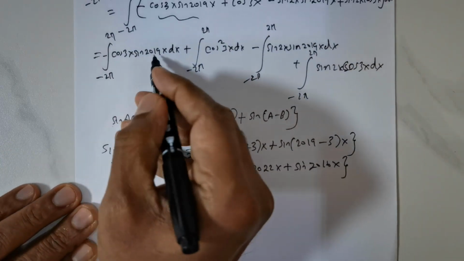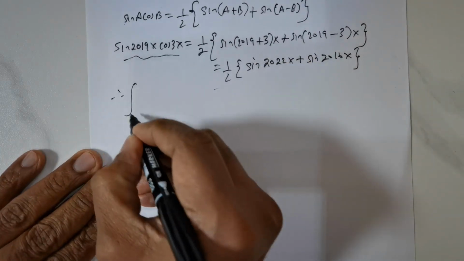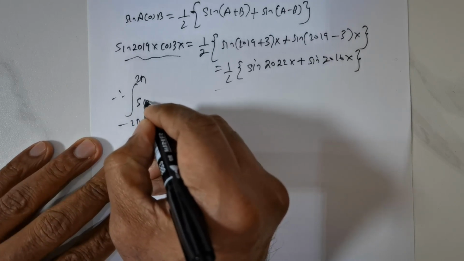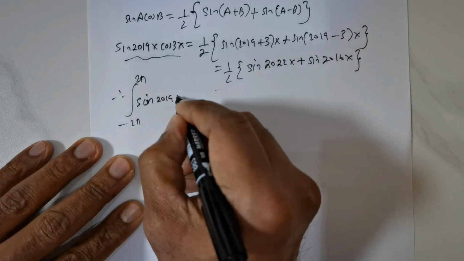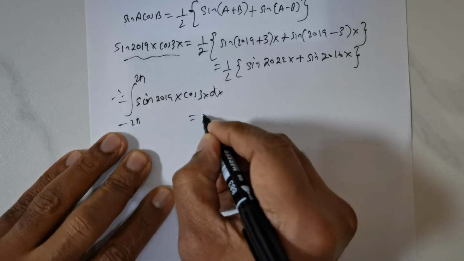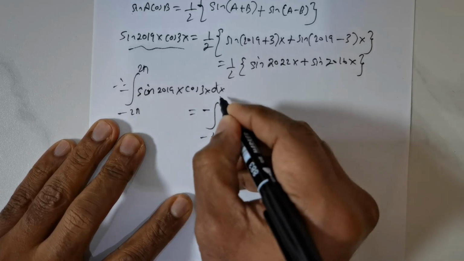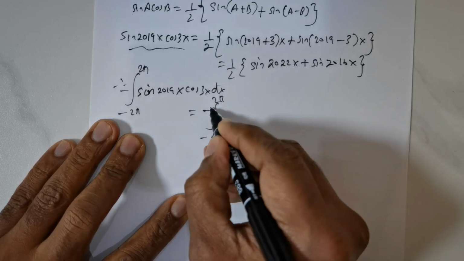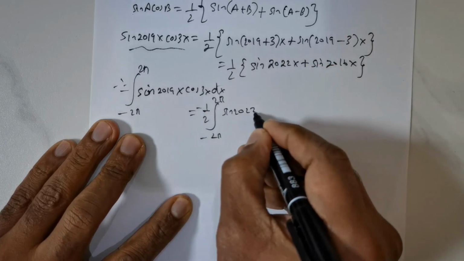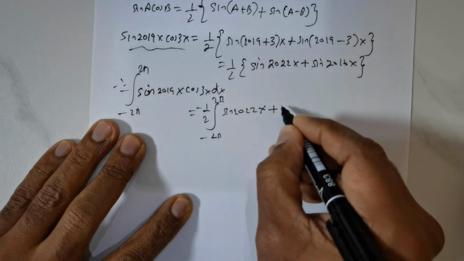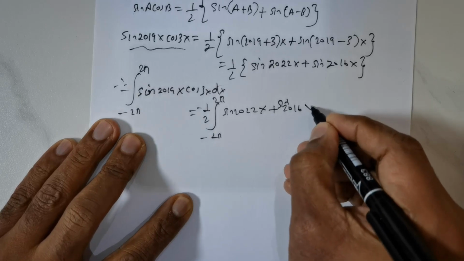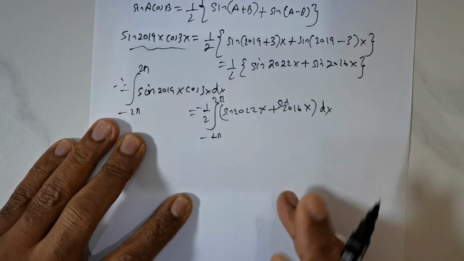Okay, so let me consider this. Therefore the integral from negative 2 pi to 2 pi of sine 2019x times cos 3x dx, with a negative sign, is equal to, you can take the negative sign out, the integral from negative 2 pi to 2 pi of 1 over 2, place the 1 over 2 and substitute this: sine 2022x plus sine 2016x times the dx.